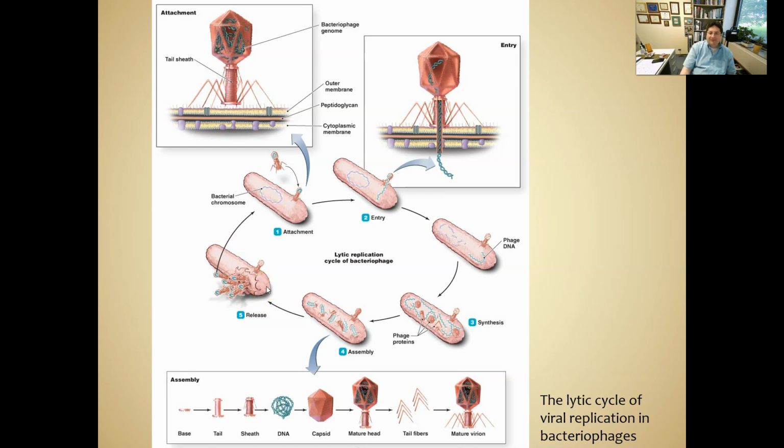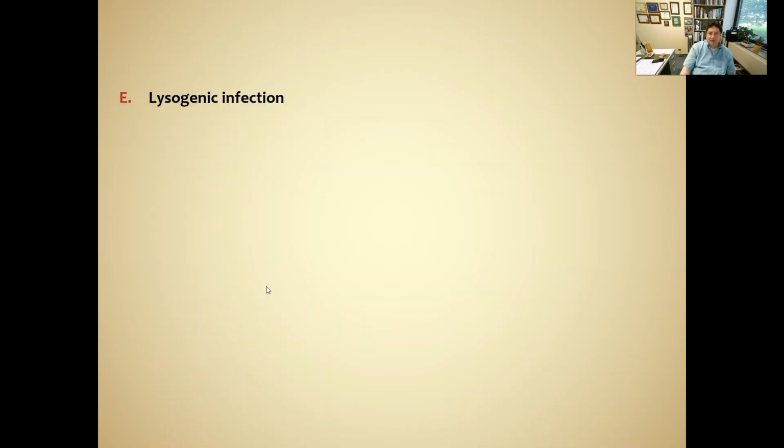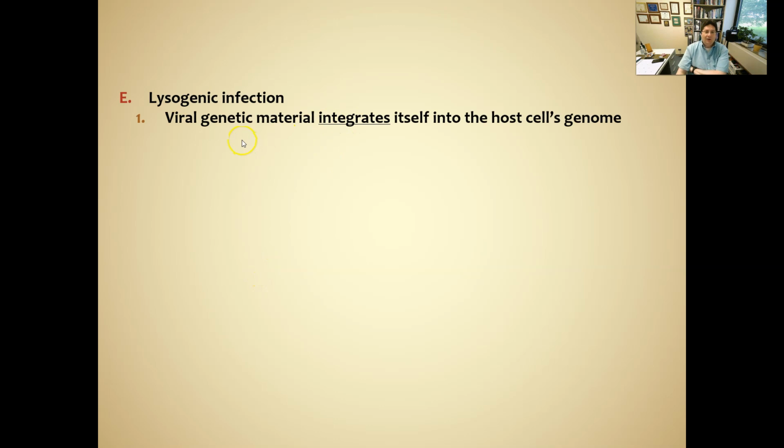Now, besides lytic infection, you can have lysogenic infection. Now, in this case, it's similar to lytic infection, but instead, the viral genetic material integrates itself into the host cell's genome. So instead of immediately chopping up the host cell's DNA, it instead inserts itself in there.